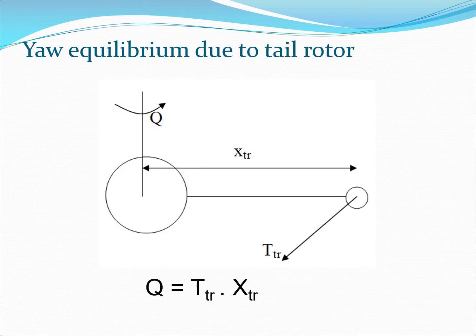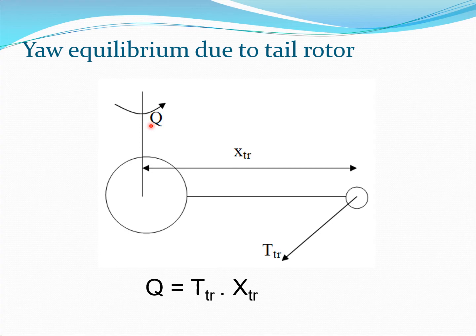Now, what is left is yaw, and yaw is something which is very important, and probably we should have mentioned this a long time before in the course, but better late than never. So you have the rotor torque, and this torque needs to be balanced.